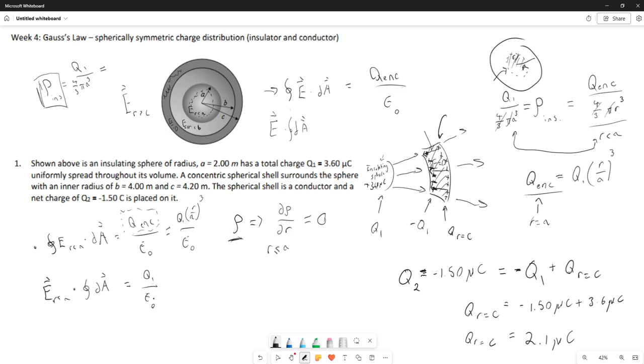So then all we're left to do here is our closed surface integral. Our area element in this case is a small infinitesimal area of a sphere. You can either evaluate this dA using spherical coordinates, or you can just realize that the total surface area of a sphere is 4 pi r squared.